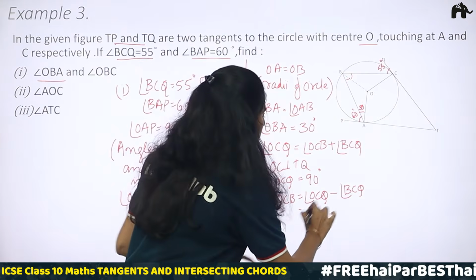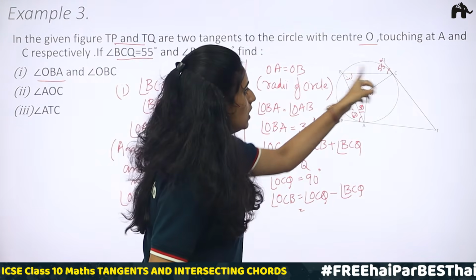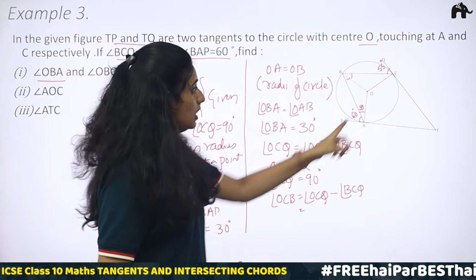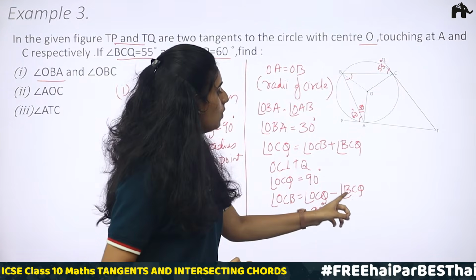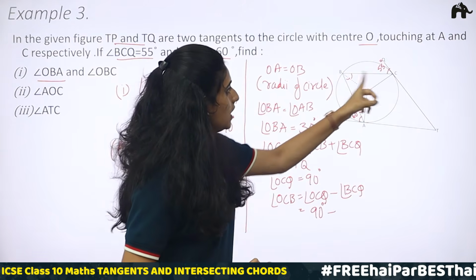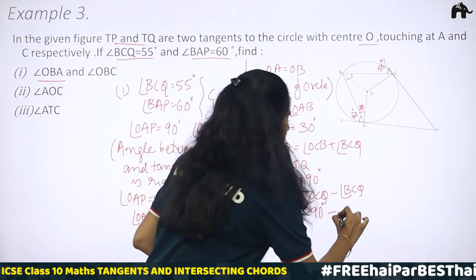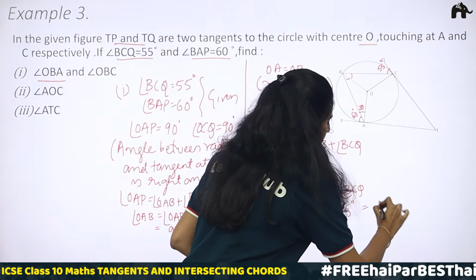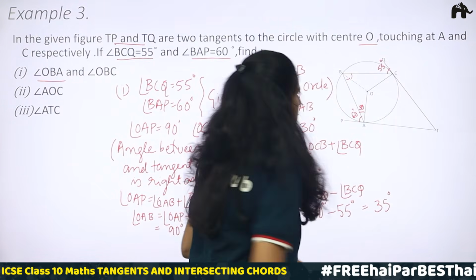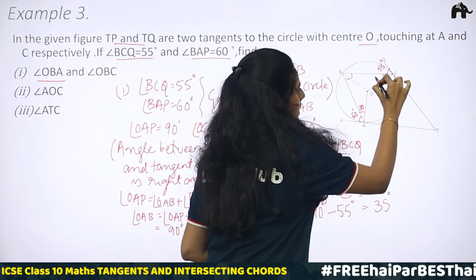Put the values. OCQ is 90 degrees minus BCQ, which is 55 degrees. 90 minus 55, we get 35 degrees. So this angle is 35 degrees.